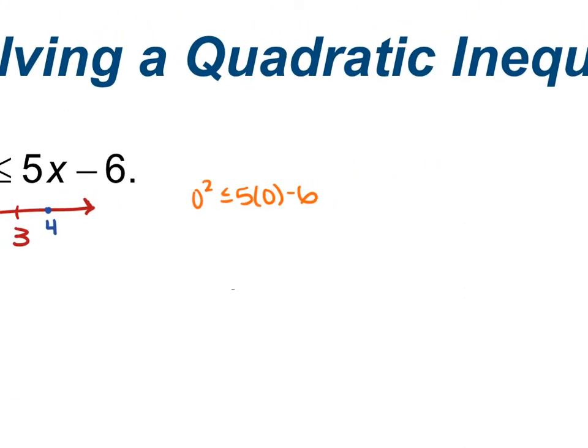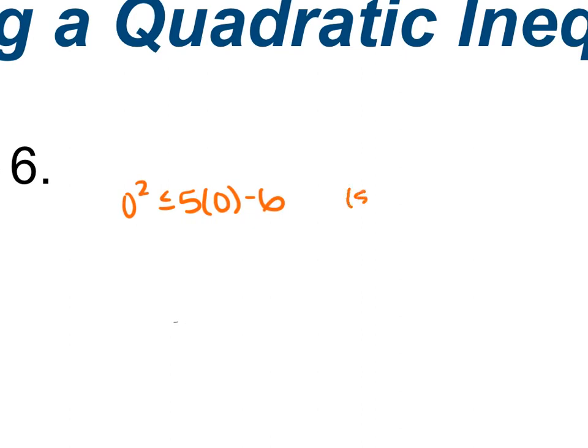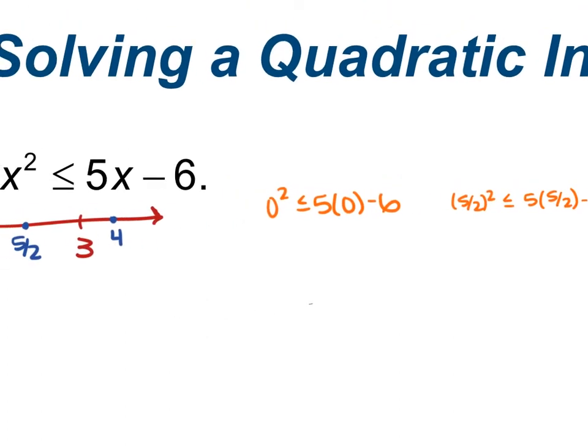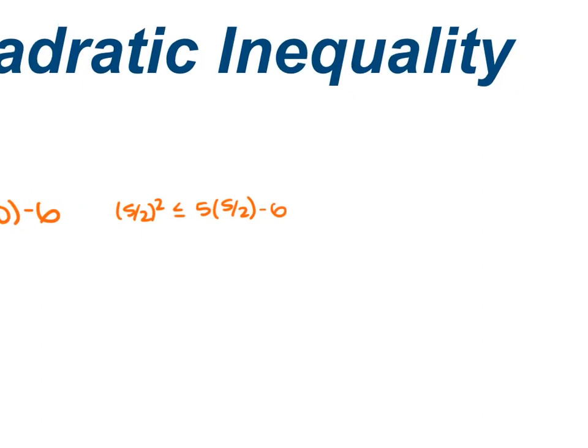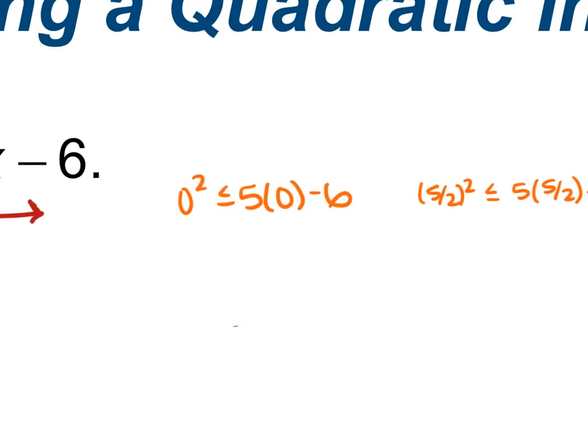For the 5 over 2, I'm going to have 5 over 2 squared is less than or equal to 5 times 5 over 2 minus 6. And then for the 4, I'm going to have 4 squared is less than or equal to 5 times 4 minus 6. So looking at the 0 first.